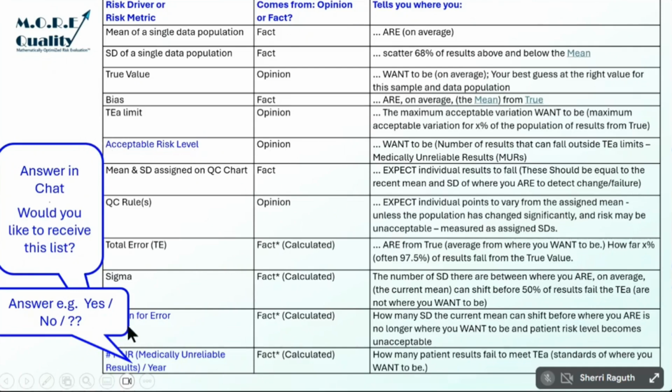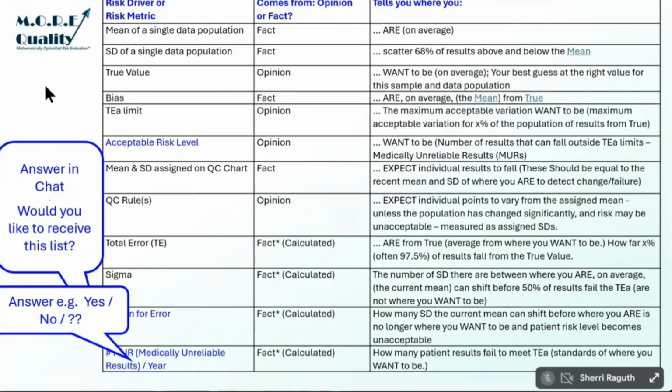The margin for error is the number of SDs you can shift, not to the allowable error limit, but until risk becomes unacceptable. And then the number of medically unreliable results per year is another new metric. So put a yes in the chat if you'd like to receive this list with a little bit more information.